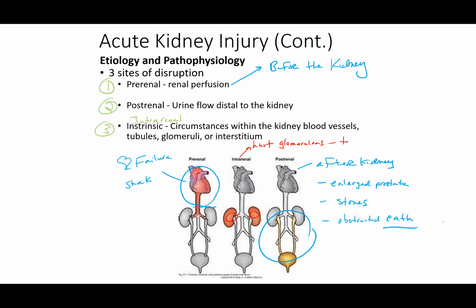The tubes in the kidney are blocked, and when this happens, it's called acute tubular necrosis.